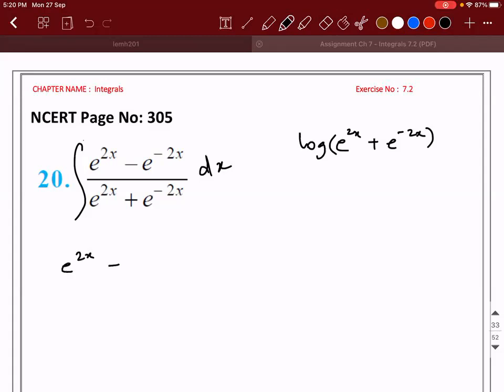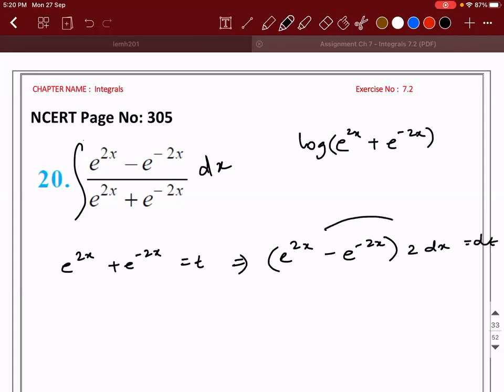Because you will get e power 2x plus e power minus 2x is equal to t. So e power 2x minus e power minus 2x, the whole multiplied with 2 dx, will be equal to dt. So this will push this 2 to the other side, no? Is this not what you're supposed to get? Yes, sir, you're right, sir. Right? Okay.